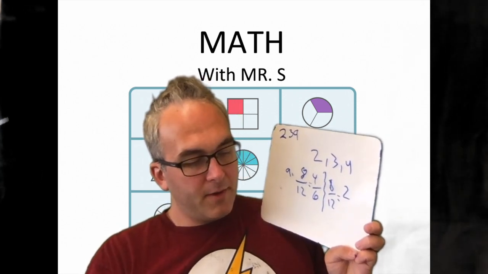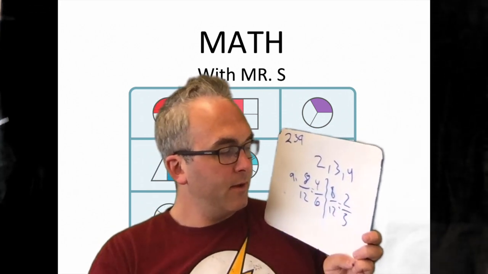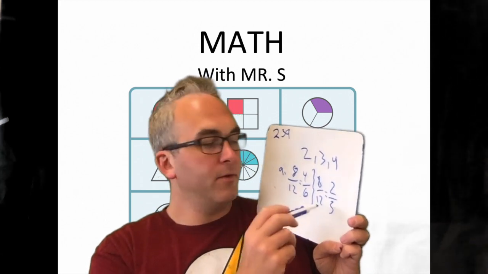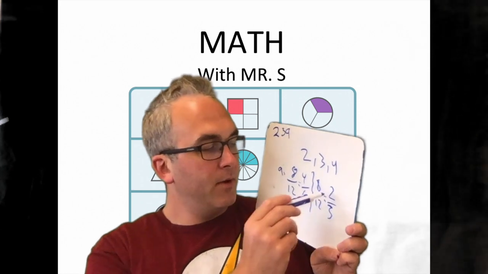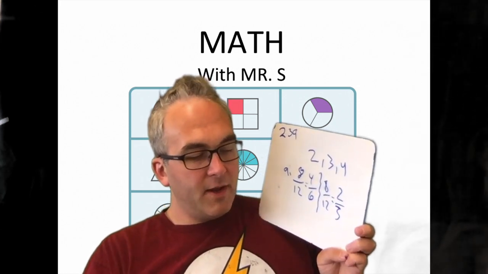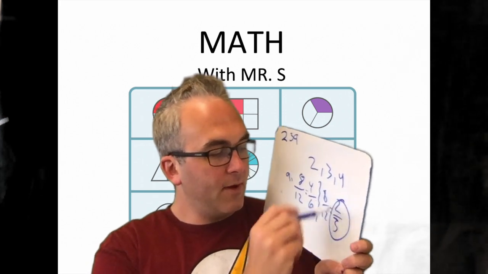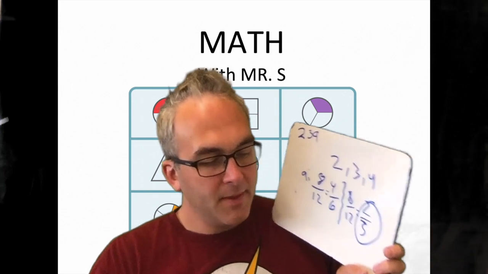And then we say, okay, well, what about 12? 12 divided by 4 equals 3. So we have 2/3. When you get down to thirds, you're not going to be able to go any lower than that. We know that we're not going to be able to divide anything else into there, so it's going to be 2/3, and that's all you have to write down on that line.